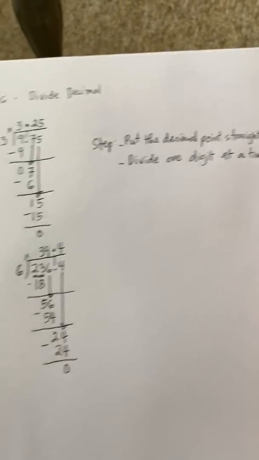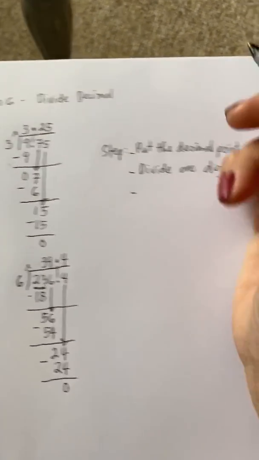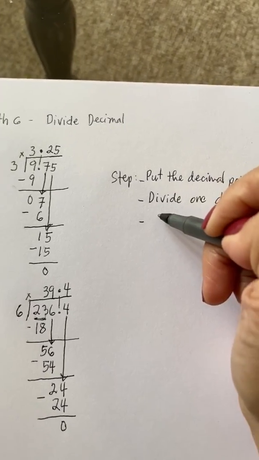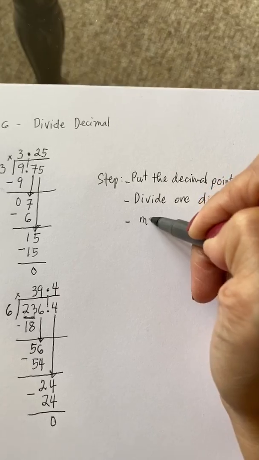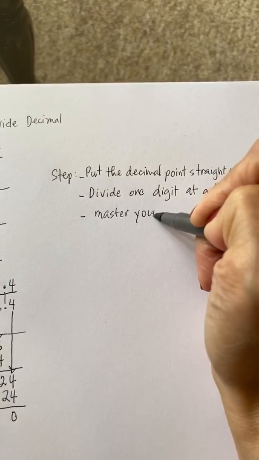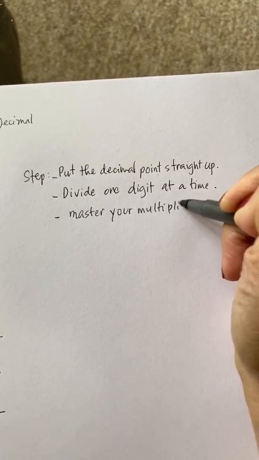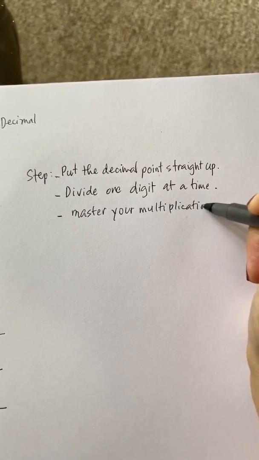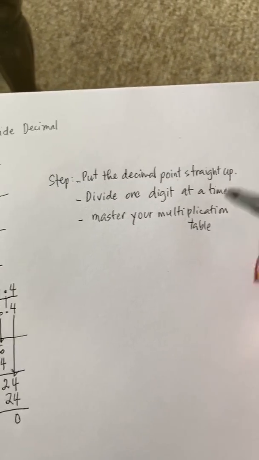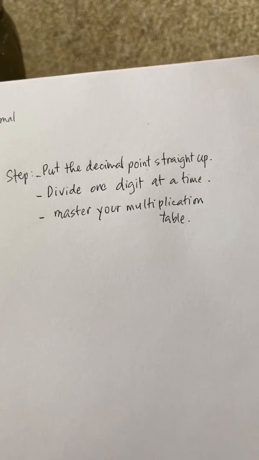All right, there you go. And I will include the third step. You have to master your multiplication table. All right, those are the 3 simple steps.